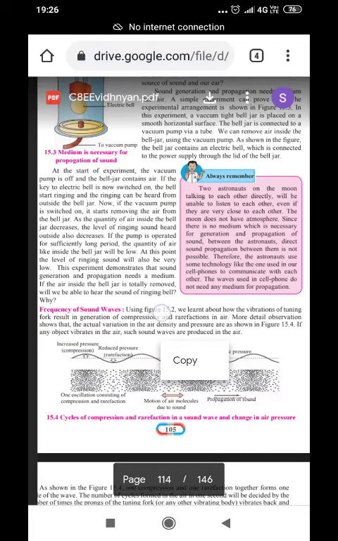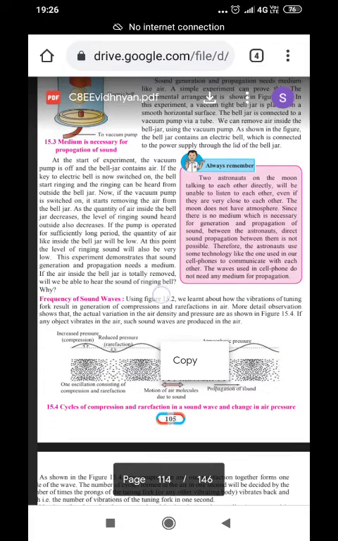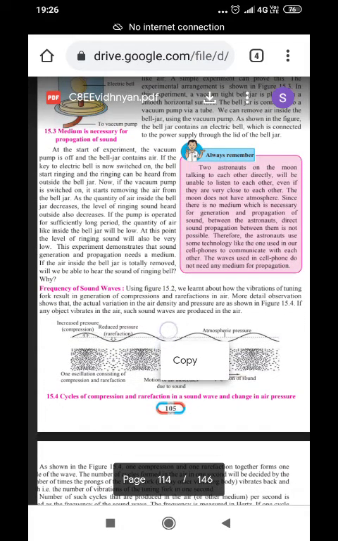At the start of the experiment, the vacuum pump is off and the bell jar contains air. If the key to the electric bell is now switched on, the bell starts ringing, and the ringing can be heard from outside the bell jar. Now, if the vacuum pump is switched on, it starts removing the air from the bell jar.